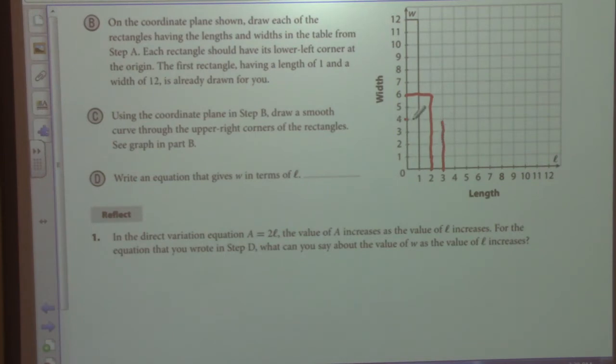Then we had a 4 by 3. Then we had a 6 by 2. And finally, we had a 12 by 1. So that's what this one looks like.